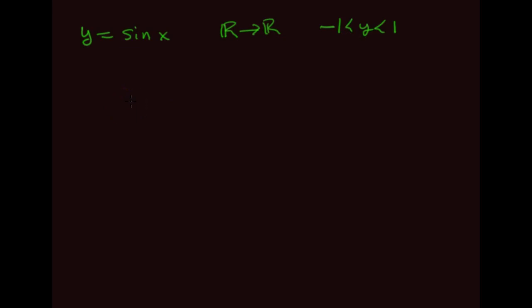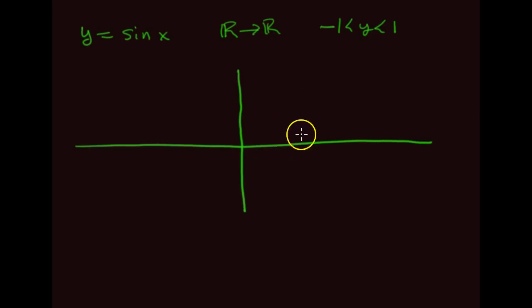When you graph this, some interesting things happen. So let's imagine our graph here. And we're going to graph this across some particular values. We're going to graph it on the value of pi over 2, pi, 3 pi over 2, and 2 pi.